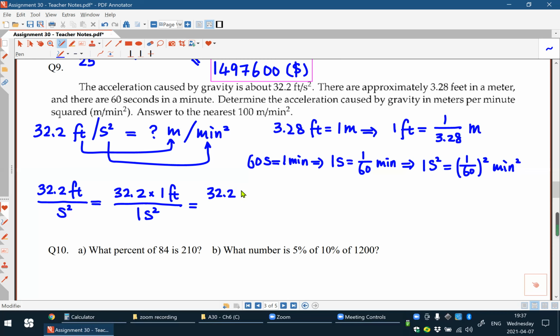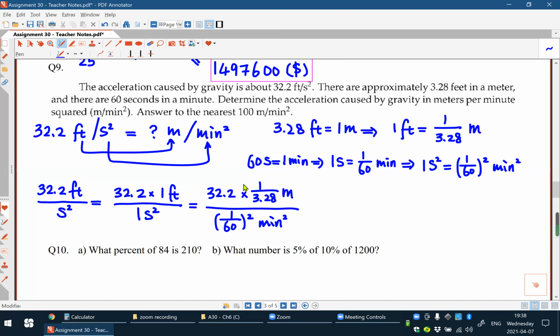So that's 32.2 times 1 foot, which is 1/3.28 meters, right? In this way, we convert the unit feet to meters. And 1 second squared is (1/60) squared minutes squared. And now you can see we successfully converted the unit from feet per second squared to meters per minute squared.